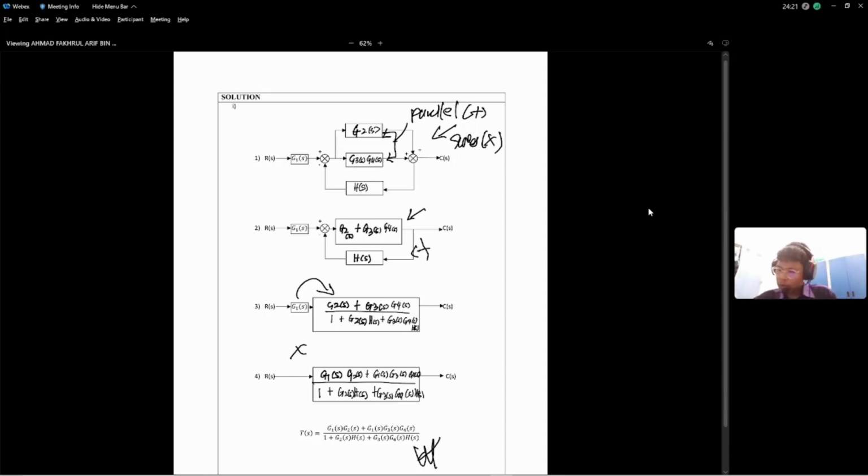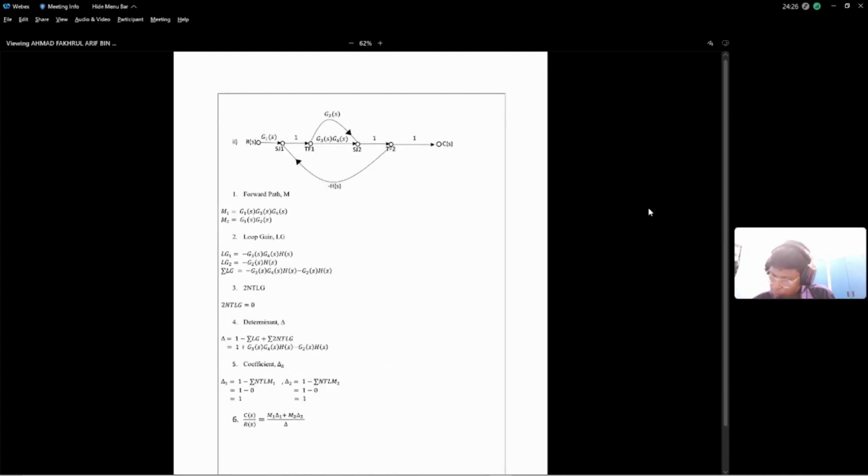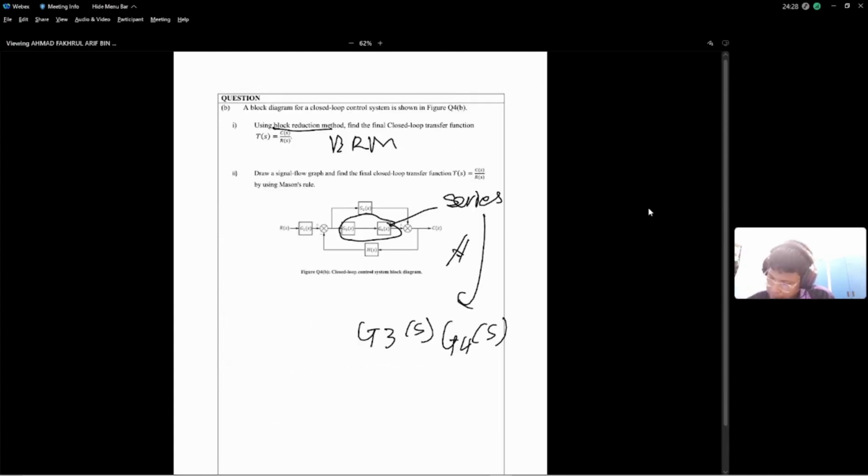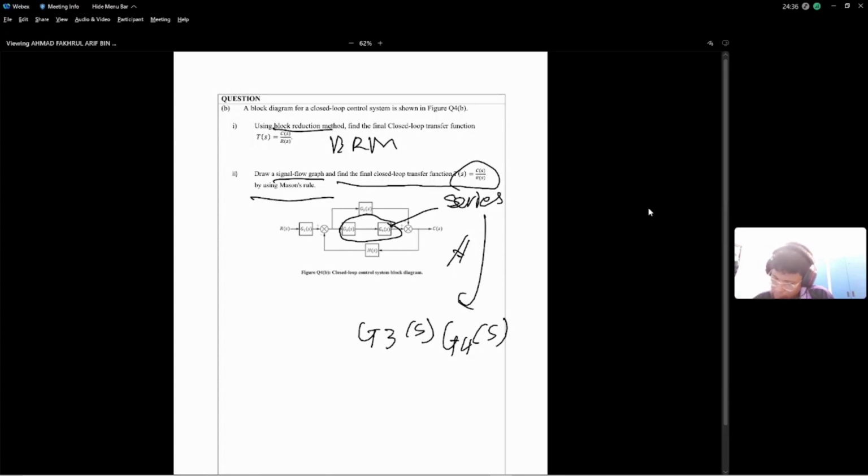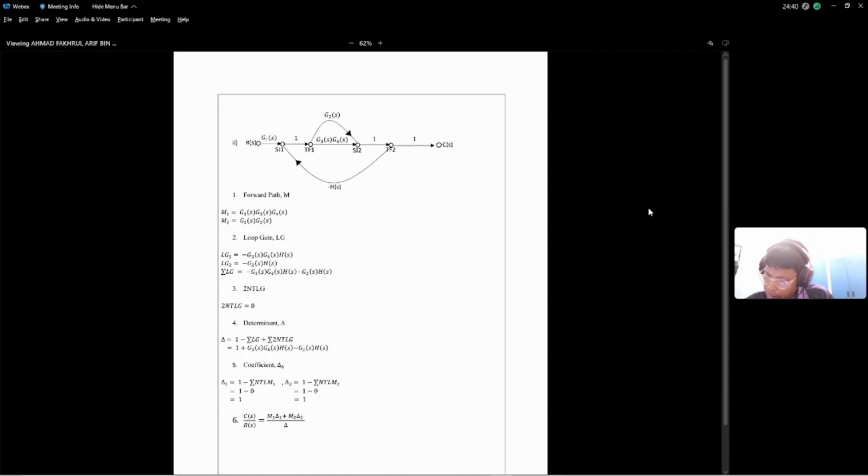Okay, we go on to the next question, the last question, which is to draw the signal flow graph and find the final closed loop transfer function by using Mason's rule.